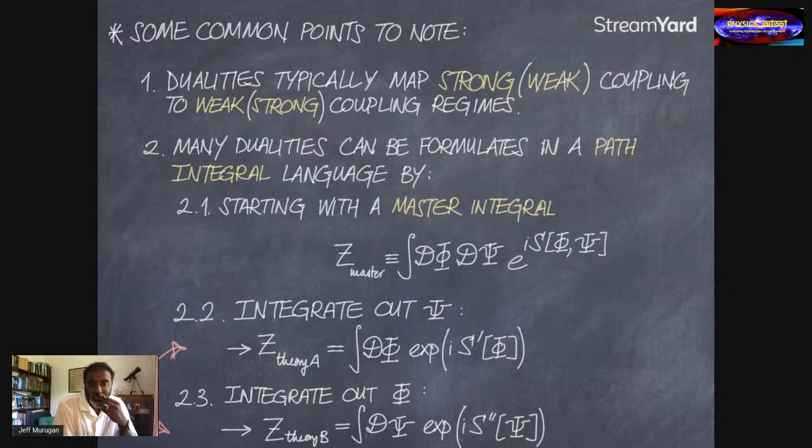On the other hand, if I integrate out, starting from the master path integral, the fields phi, I end up with another theory, call that theory B. And this theory is defined through the path integral over the fields psi, weighted by e to the i, let's call it S double prime, which is another action altogether, of just the fields psi. And if these operations are well defined, then I say that theory A and theory B are dual to each other. So this is what I mean when I say I can formulate it in a path integral language.